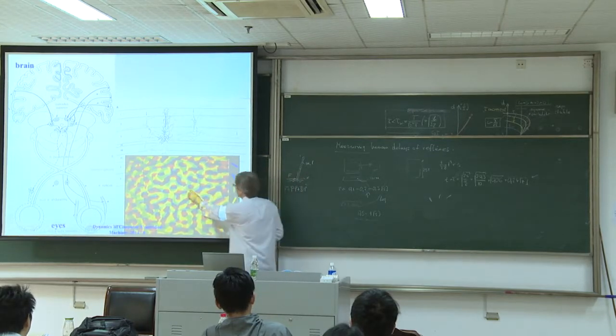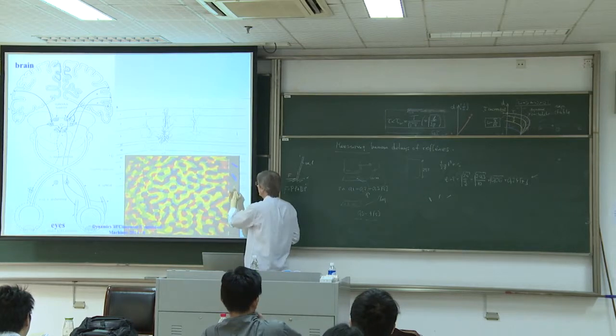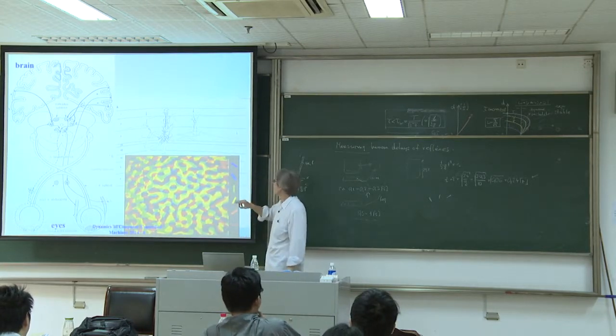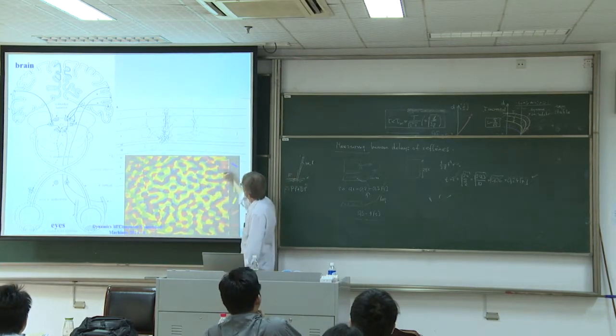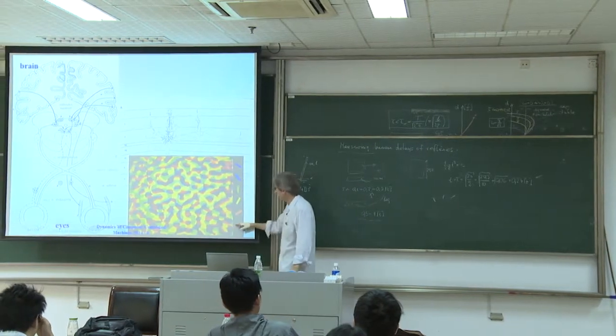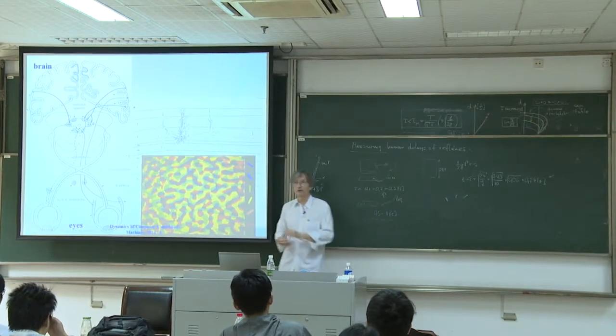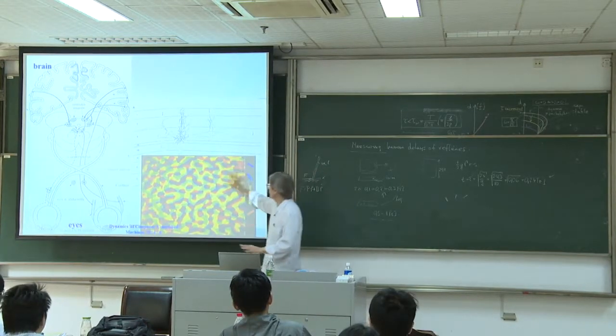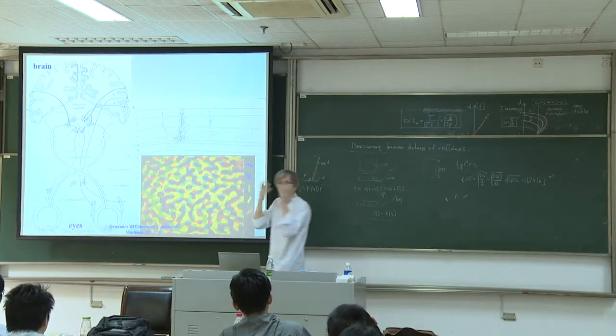The green ones will start spiking when they see a vertical one. The blue ones will be here and there, they will start spiking. The red ones are sensitive to the horizontal ones, okay? And all this is randomly arranged.